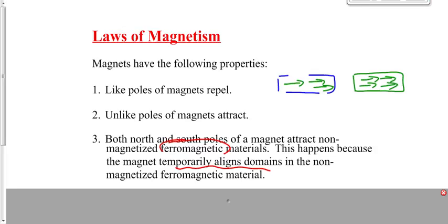If they were pushed away from each other, then it meant repulsion. Well, these domains, if we extended them, would join up, right? So that means we have a force of attraction here. Magnets will attract non-magnetized ferromagnetic materials because essentially they induce a temporary magnetic effect in the non-magnetized material. Essentially, they make the non-magnet a magnet, albeit only a temporary magnet, only for a short period of time.